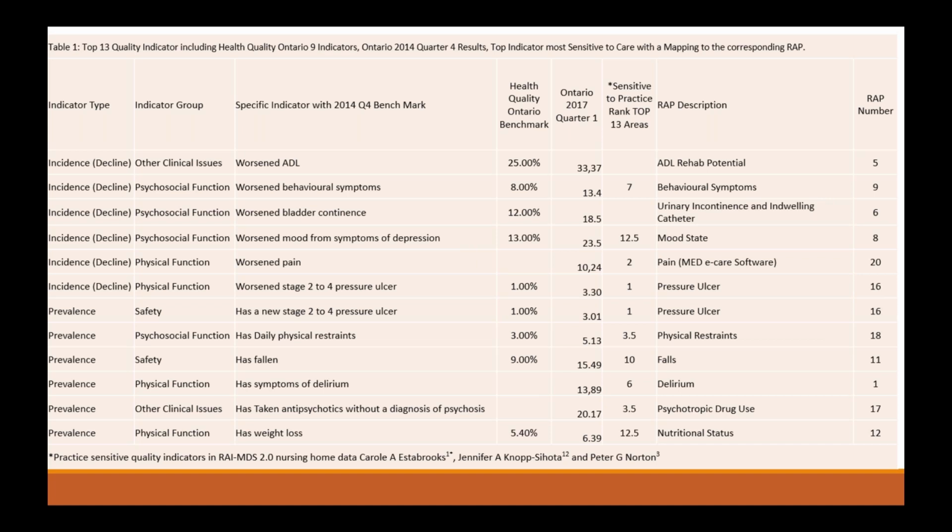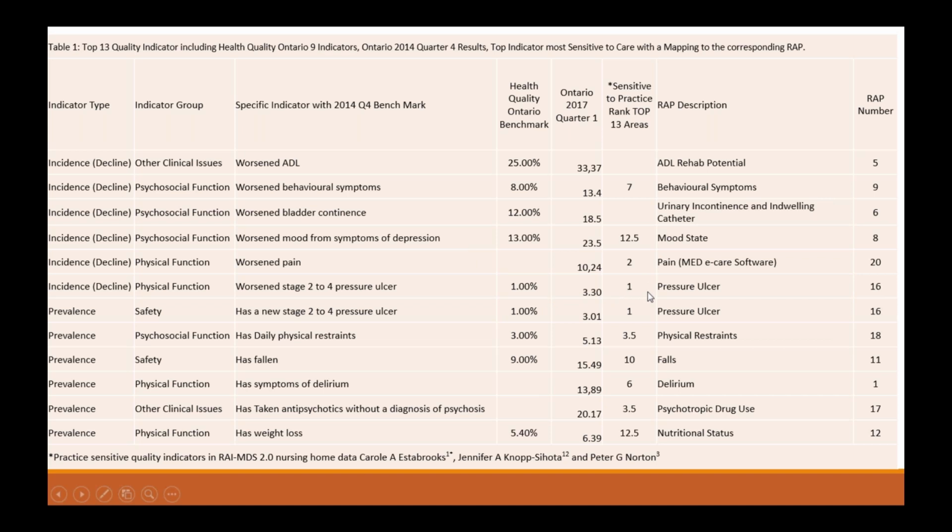What we're looking at here is 2 measures from Health Quality Ontario, where there's a 1% goal set for both the worsened and new. You can see currently in Ontario it's 3 times that, so they're working towards this 1% goal.